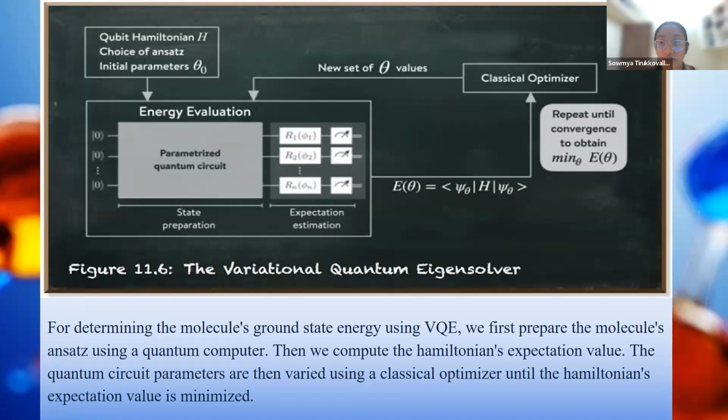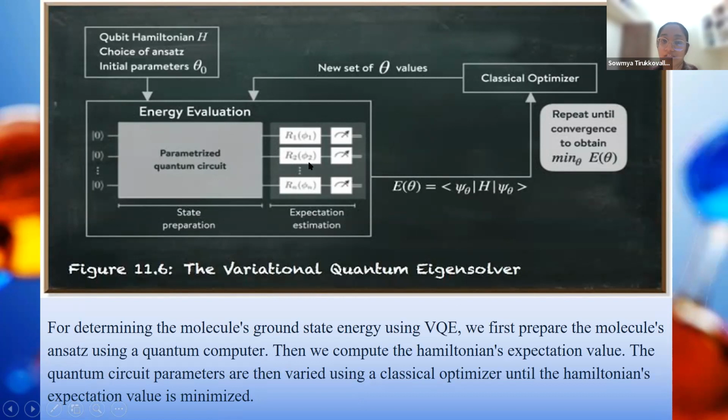For determining the molecule's ground state energy using VQE, we first prepare the molecule's ansatz. An ansatz is a quantum circuit which constructs the trial wave function of the system. Here, the parameterized quantum circuit represents an ansatz. And then we compute the Hamiltonian's expectation value.